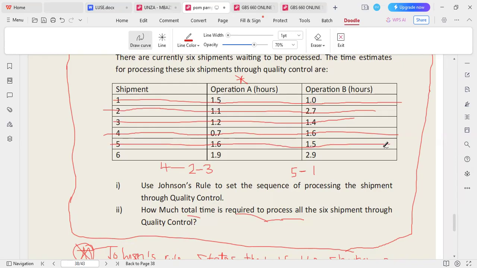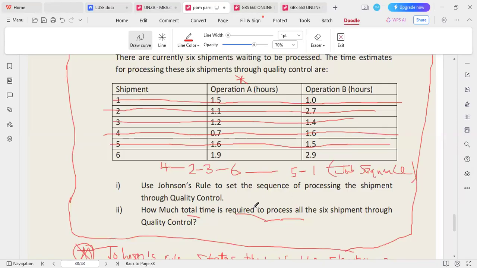And then the last one, job 6, is placed here. So this is the job sequence using Johnson's rule.